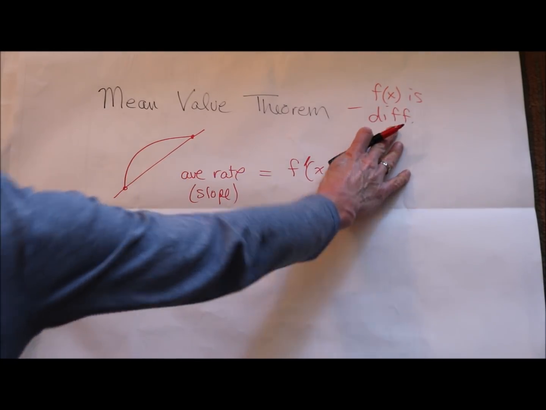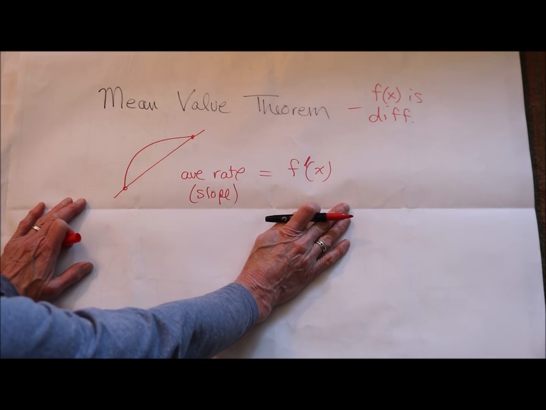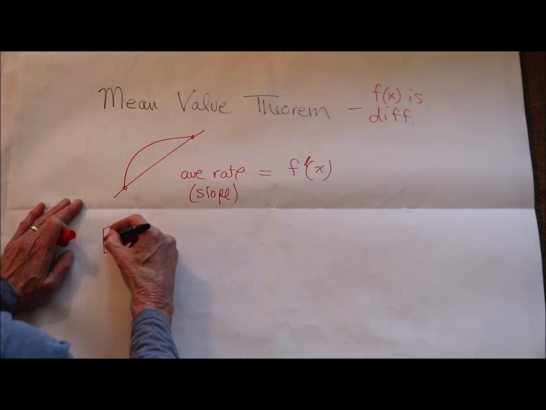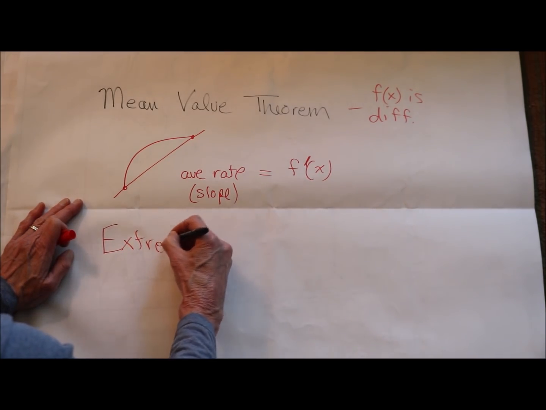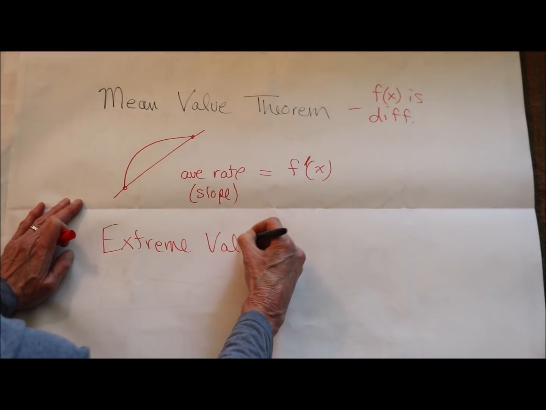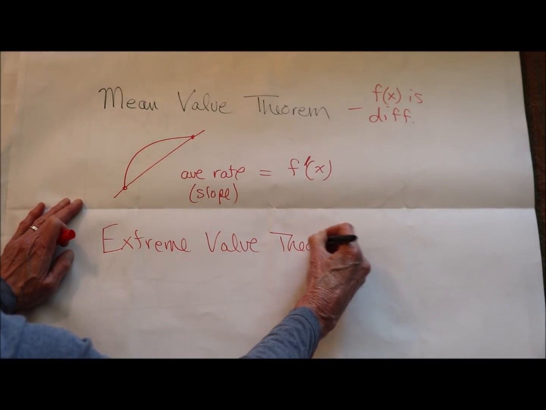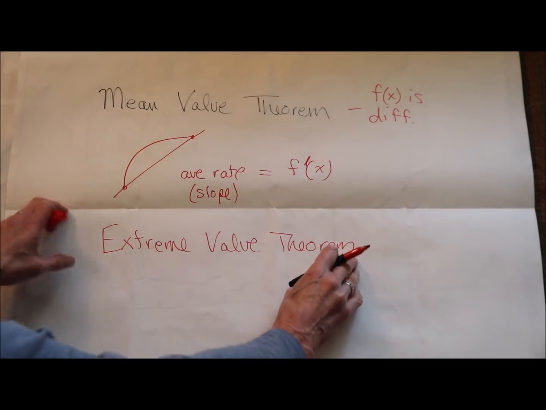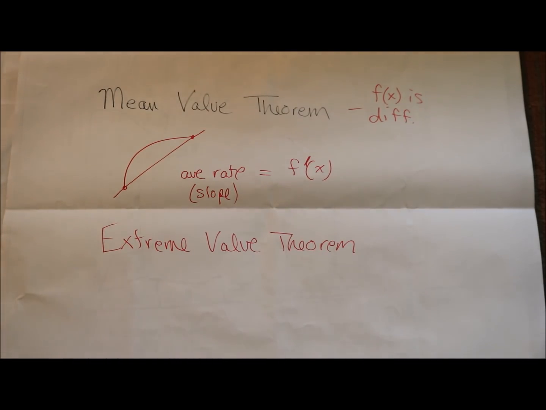And if a function is differentiable, it's also continuous. Extreme value theorem is also on this cheat sheet. It just says if you have a continuous function on a closed interval, then there has to be an absolute max and there has to be an absolute min. The precondition for that is continuous on a closed interval.